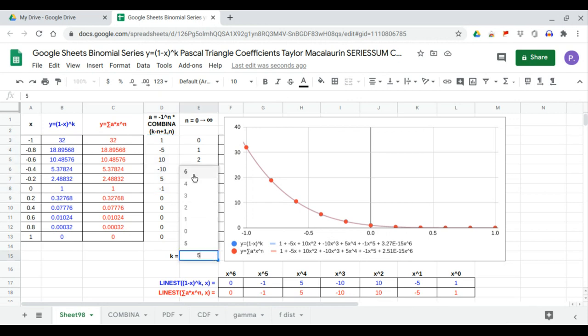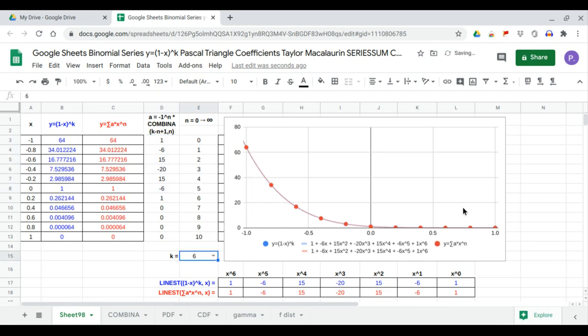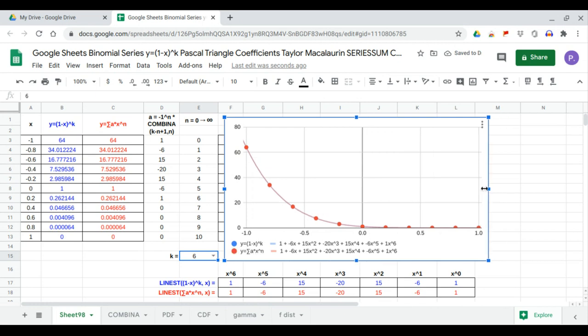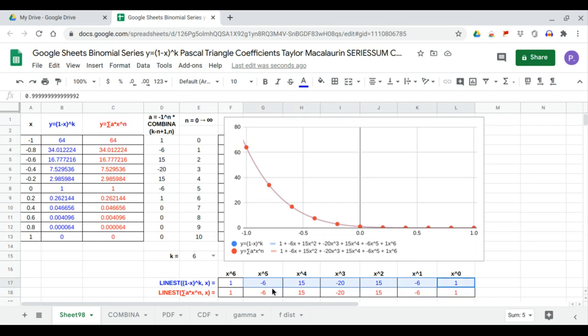At k equals 6, so we have here y equals 1 minus 6x plus 15x squared minus 20x cubed plus 15x to the fourth minus 6x to the fifth plus x to the sixth. So our regression coefficient is the same as our expansion coefficient.